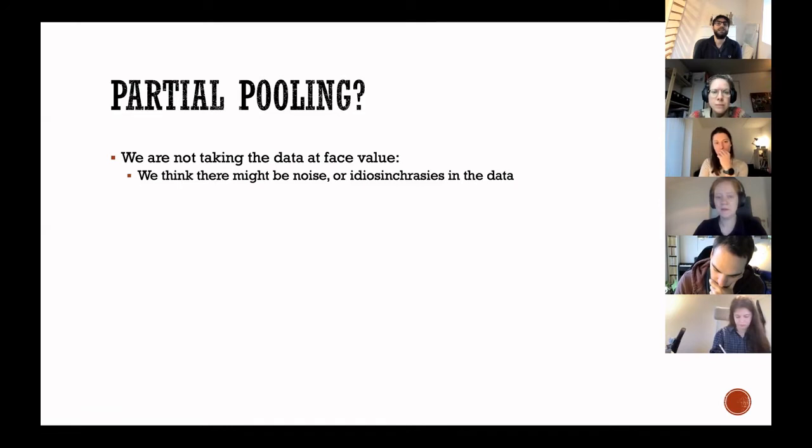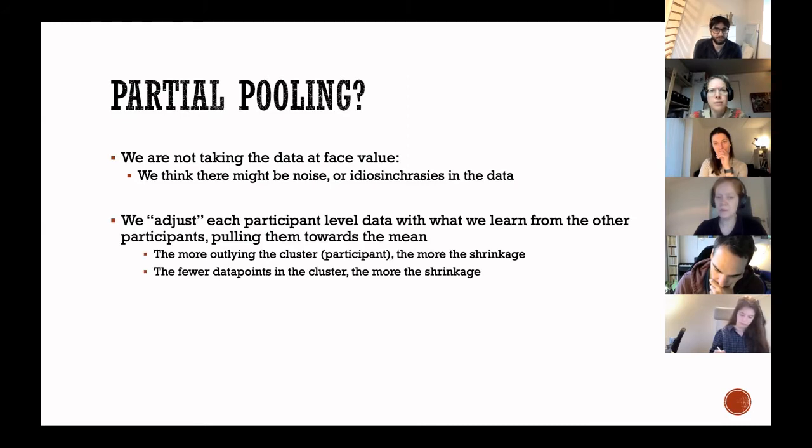So given that we have 24 different parents, 48 measures, we can actually rely on the fact that we have several parents to reinterpret the data from any given parent. Partial pooling means that we adjust each participant's data with what we learn from the other participants, pulling them towards the mean.